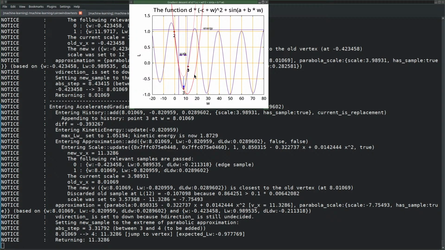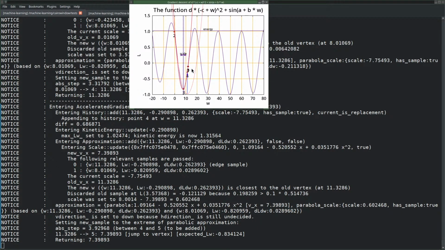Nevertheless, after this it does, now it's again way positive. Aha. The diff is positive.